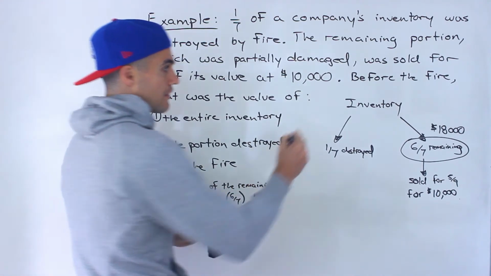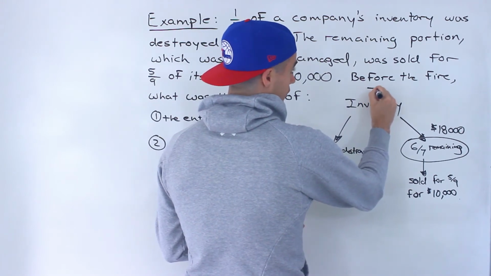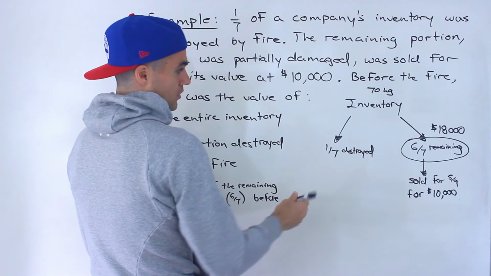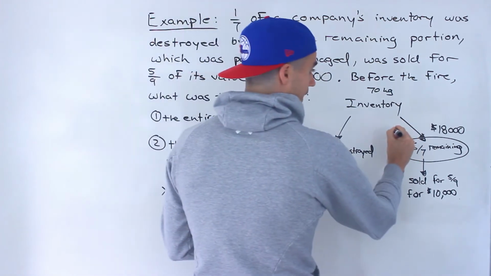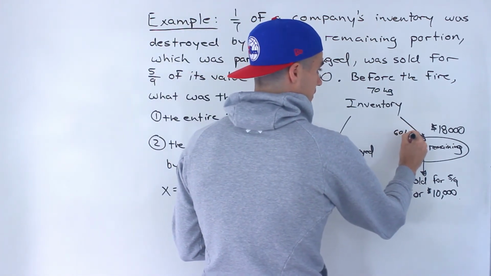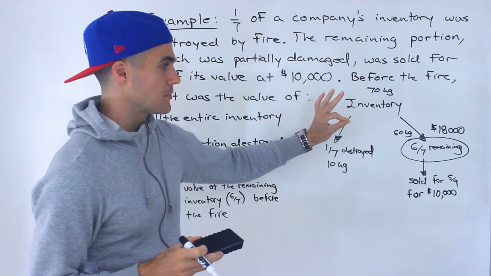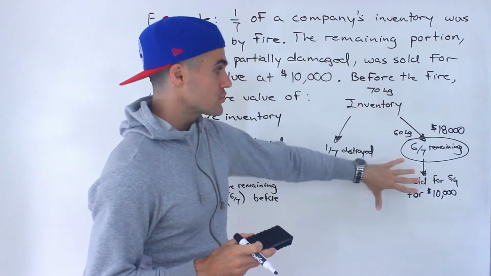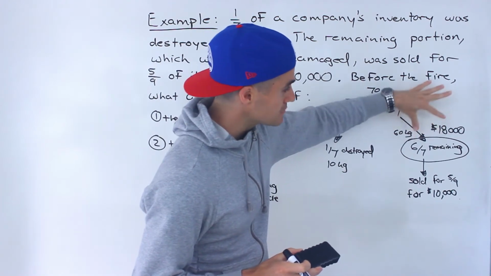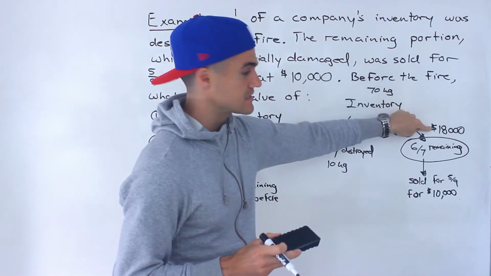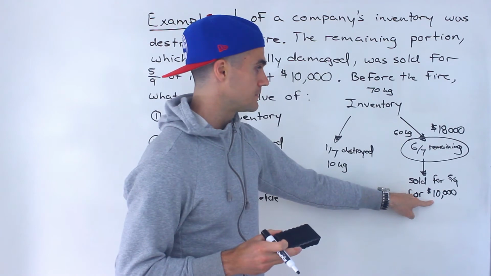Let's say the total inventory before the fire had a mass of 70 kilograms. 1/7 of that, 10 kilograms, was destroyed, and then 60 kilograms was remaining. But this 60 kilograms was partially damaged. If it wasn't damaged, this 60 kilograms would have been worth $18,000. But because it was slightly damaged, you only receive 5/9 of that value. 5/9 of 18,000 is $10,000.